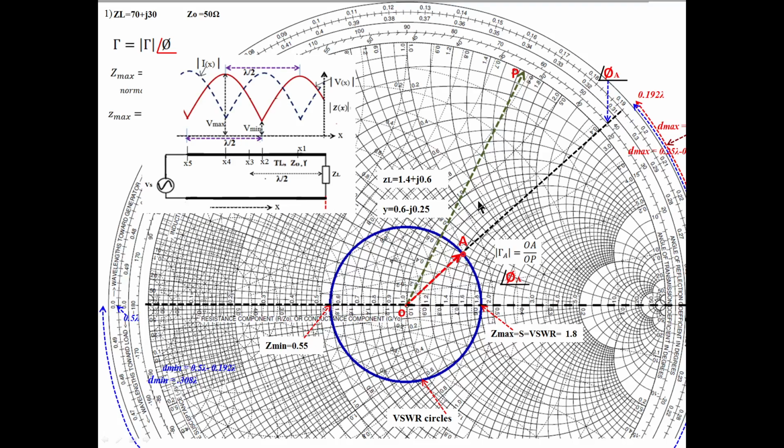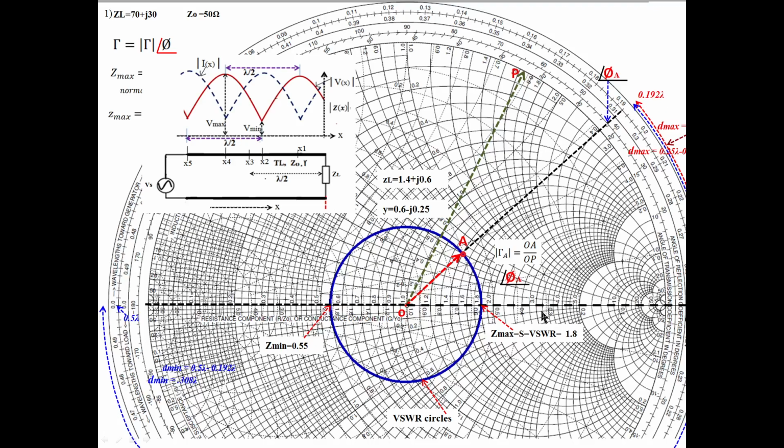The line intersects the wavelength scale somewhere here. It is 0.192 lambda here, because each division from here to here is 0.002. So this point is 0.192.